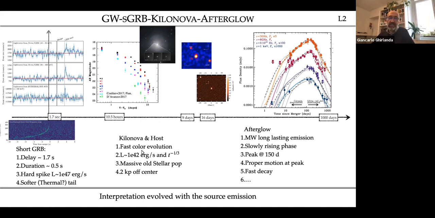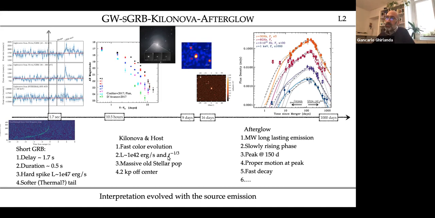The kilonova is a fast color-evolving transient with a bolometric luminosity of roughly 10^42 erg per second, and it evolves as a function of time, with the bolometric luminosity decaying as t to the minus 1/3. The host shows an old stellar population and is quite massive compared with the hosts of other short GRBs.